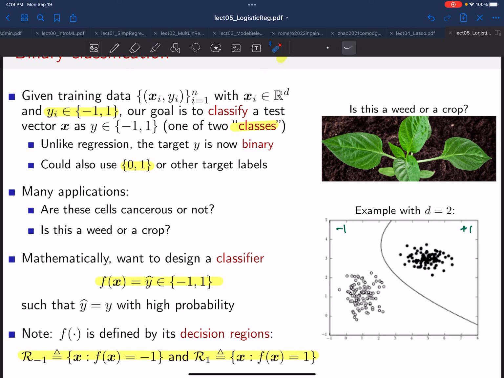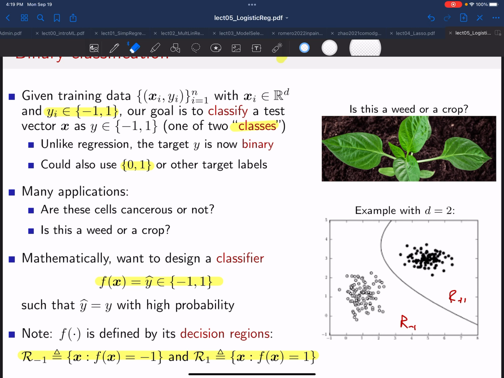This curly brace means the set. So this is the set of x such that f of x is minus 1, and this is the set of x such that f of x is plus 1. Let's say R minus 1, R plus 1. That's really what we have.